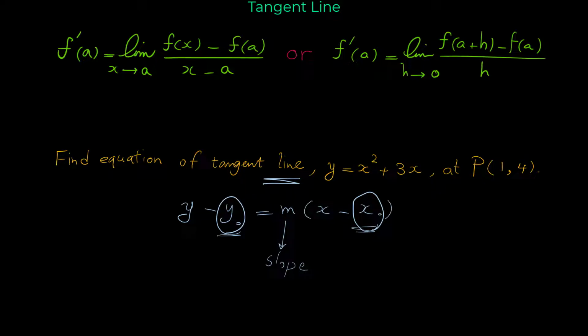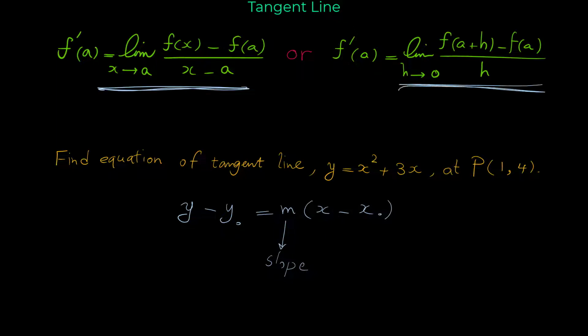The only thing that we need for the equation of the tangent line is the slope. How can we find the slope of the tangent line? For finding the slope of the tangent line, we can use this formula or this formula. f prime of a is a notation for the derivative of a function. f prime shows the derivative of the function f, and the a shows the point at which we are finding the derivative. This is just a notation.